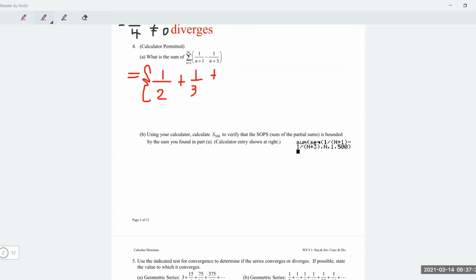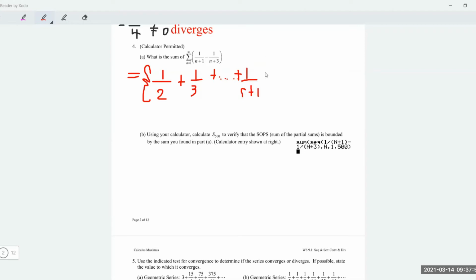Before I evaluate the sum from 1 to infinity, I'm going to add up to the rth term. I would add up to plus 1 over r plus 1. You might say, why am I stopping right here? Just look at what I'm doing.